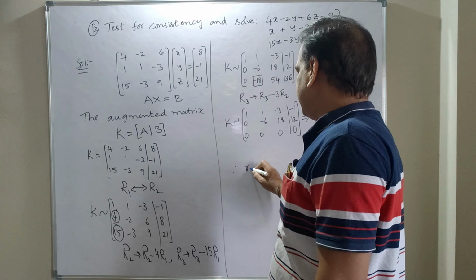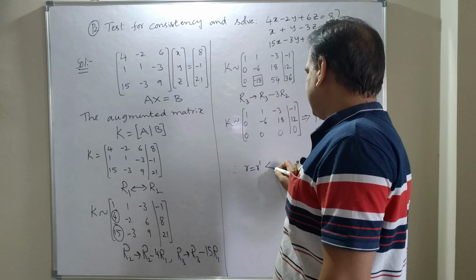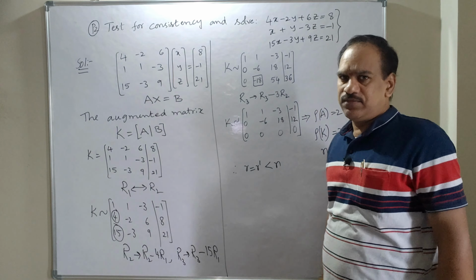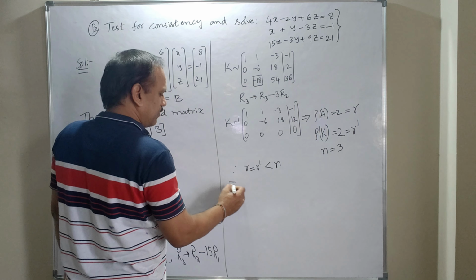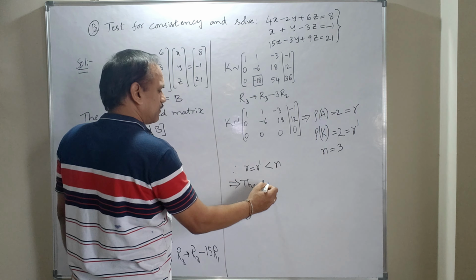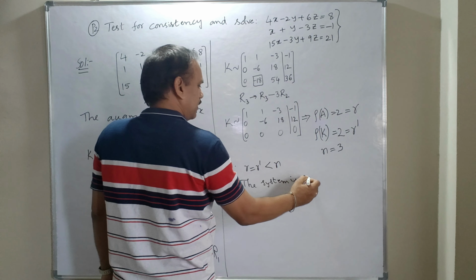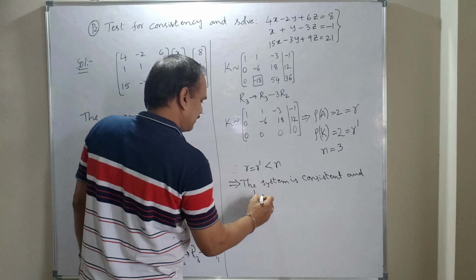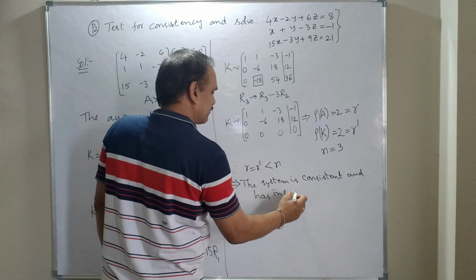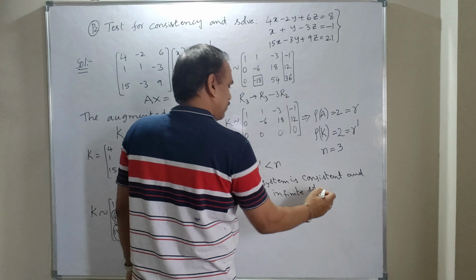Therefore, R is equal to R dash but less than n in this particular case. Okay. So, in this particular case, what happens? The system is still consistent and has infinite solutions. Infinite solutions.